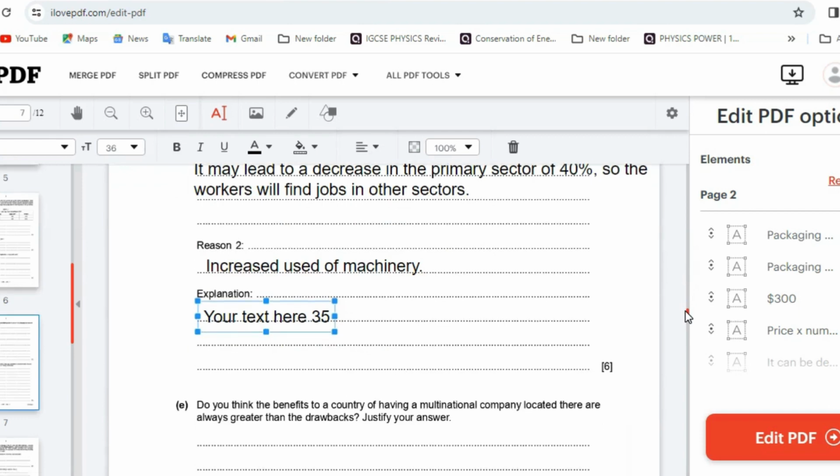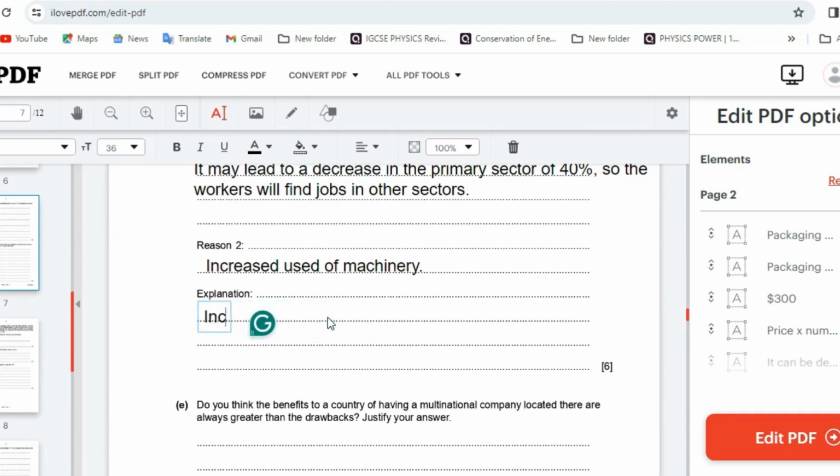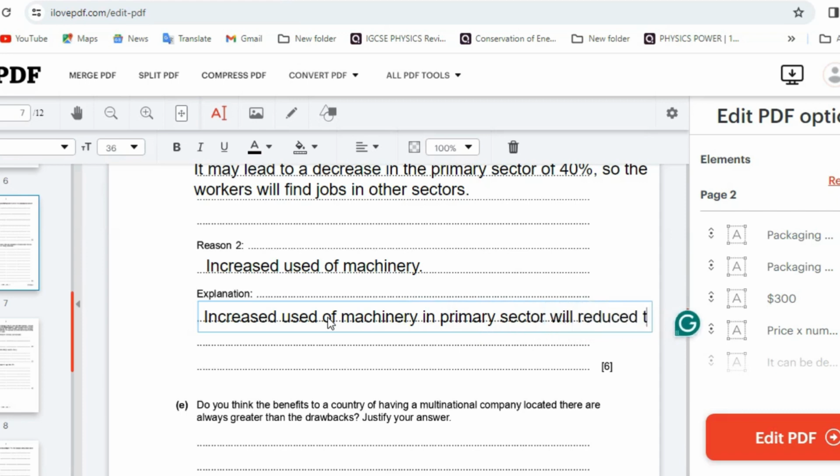Okay, let's try and put it out in text also. Increased use of machinery in primary sector will reduce the need for employees.